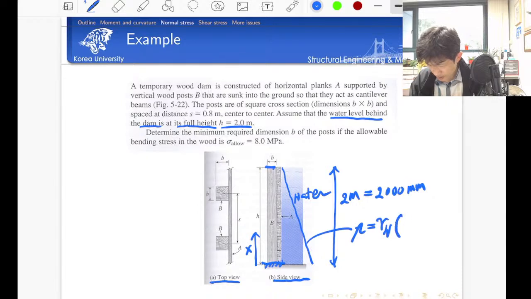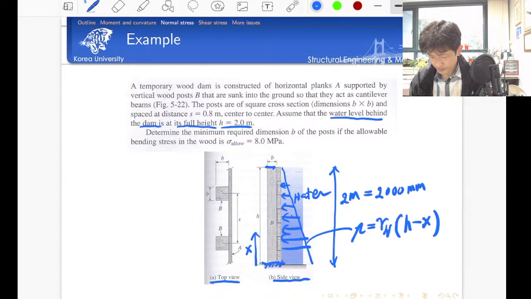On top here, the pressure should be equal to 0, so h minus x. If x is equal to 0, the pressure is maximum, and if x is equal to h, the pressure is equal to 0.